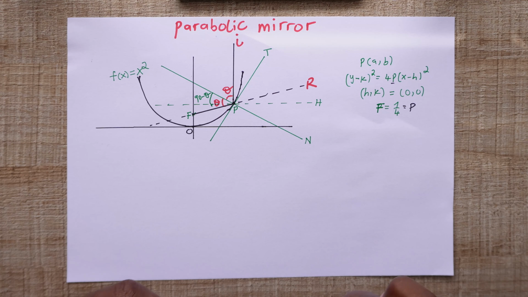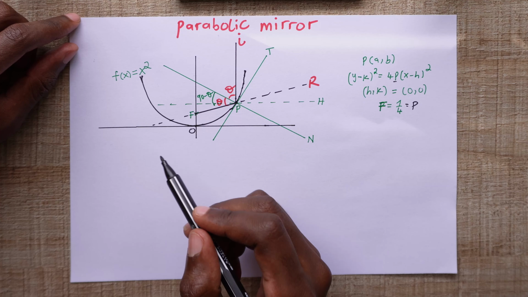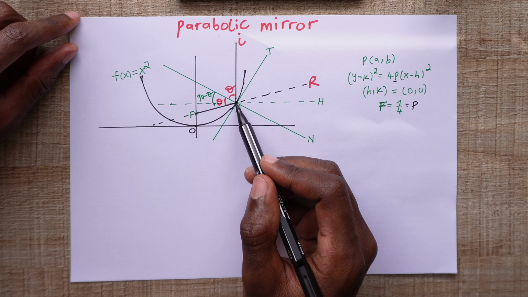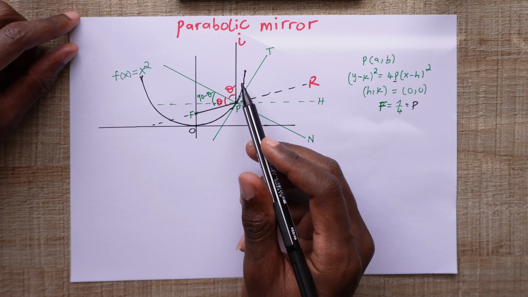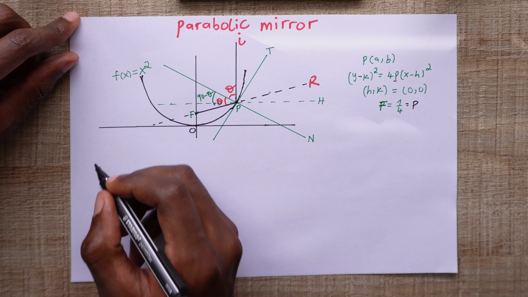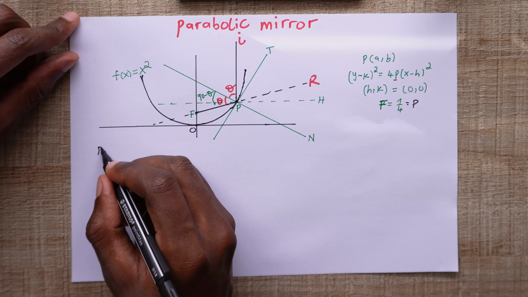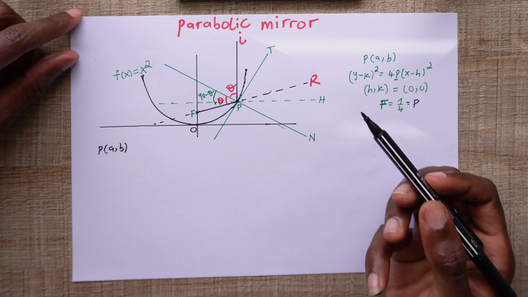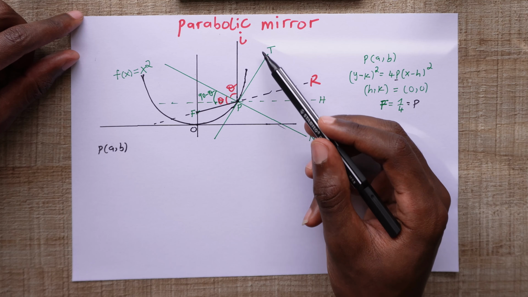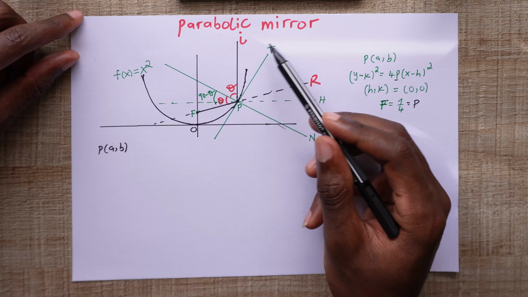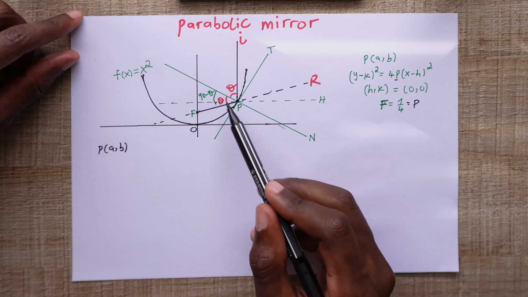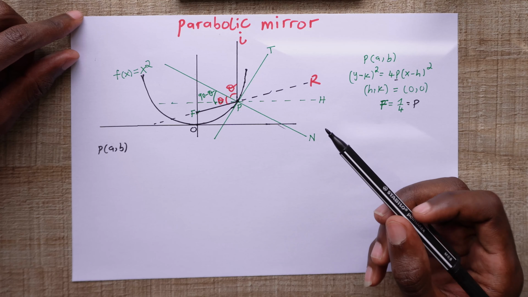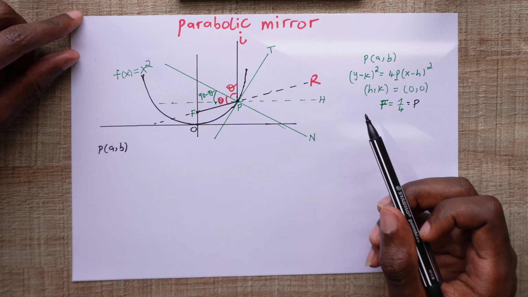As a prerequisite, you probably know that the gradient of a function at a point is given by the derivative of the function at that point. So in this case, we have the point P, which has coordinates, let's call them a and b. So what we can do already as a first step is to calculate the gradient of the tangent and the normal using that simple application of differentiation.